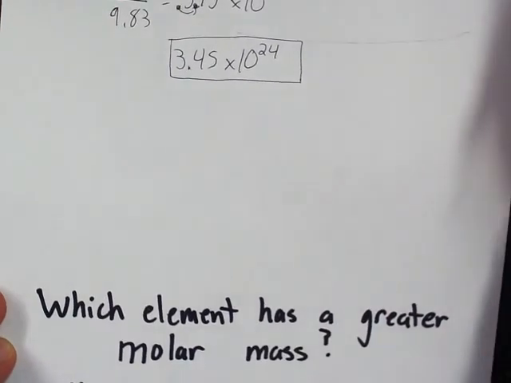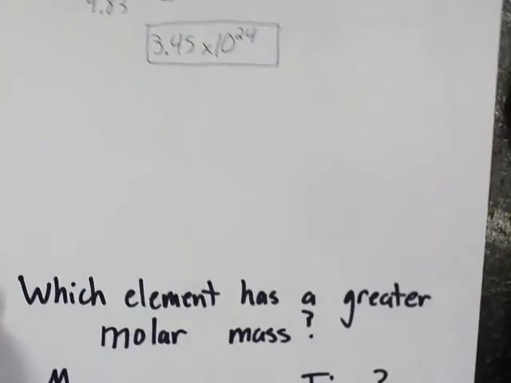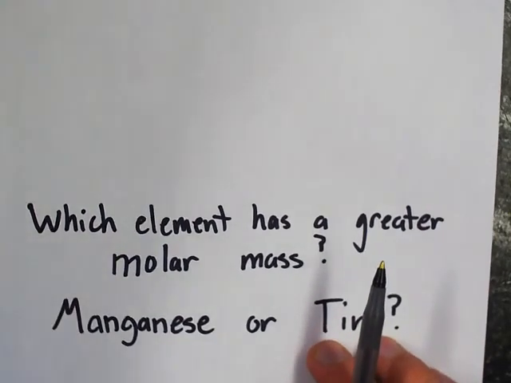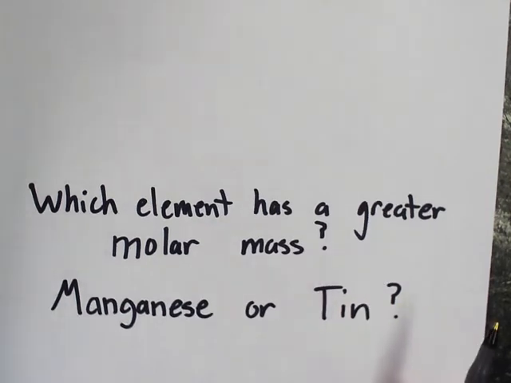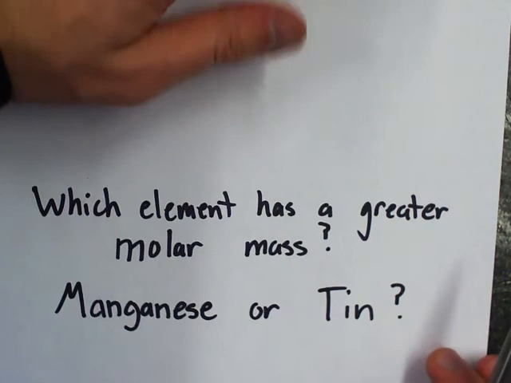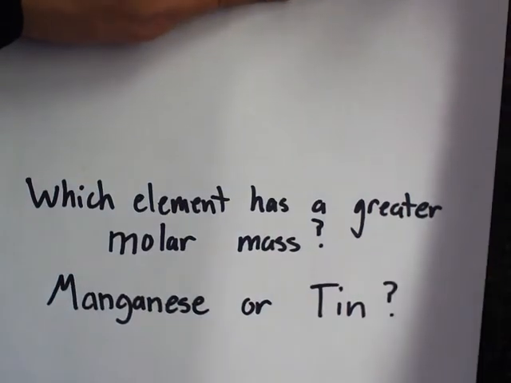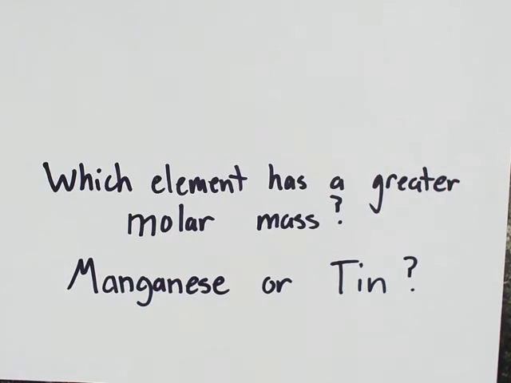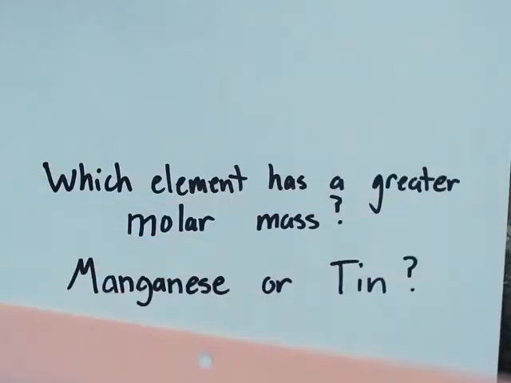Our last question, and it's our third and final question that's going to be on our quiz, I'm asking: which element has a greater molar mass, manganese or tin? How we find out our molar masses is we look right on our periodic table.